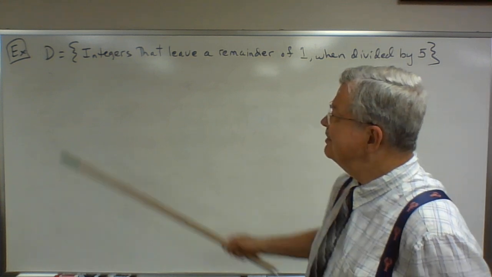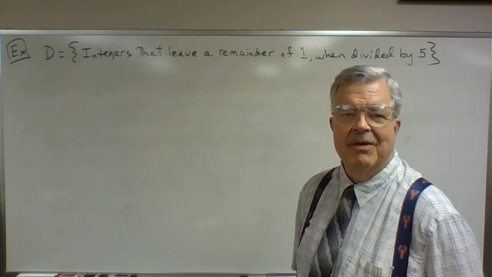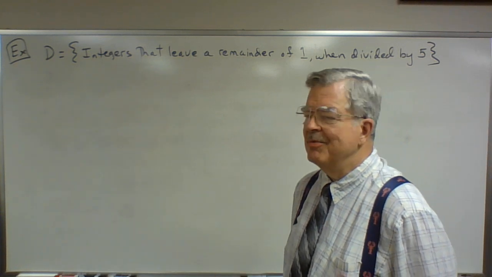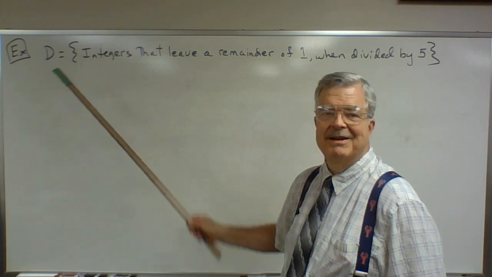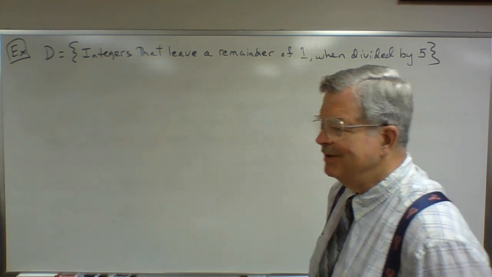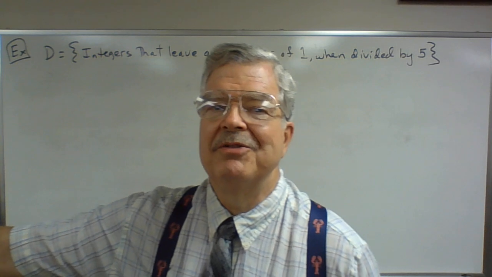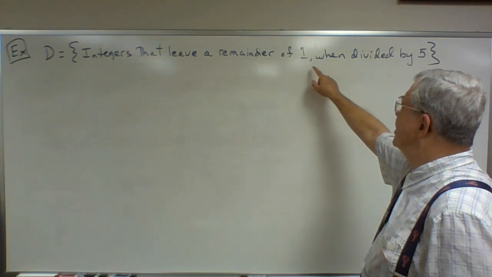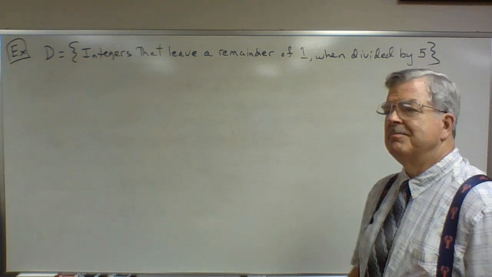Why did I call this set D? I don't know. When I was writing my notes, it seemed like an appropriate name for the set. But D is the set of all integers that leave a remainder of 1 when divided by 5.